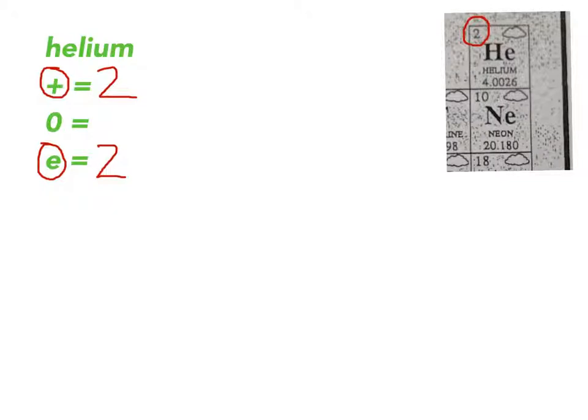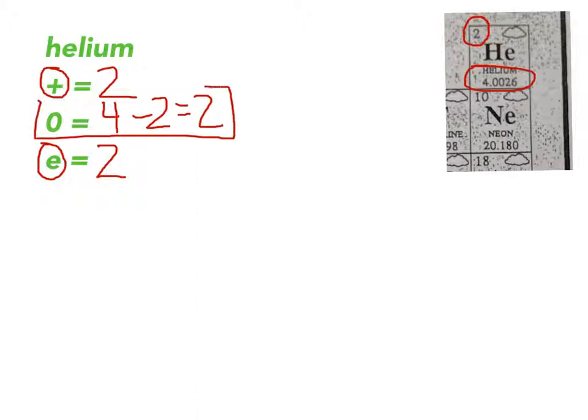In order to calculate the next number, which is neutrons, we take a look at the bottom number, which is the atomic weight. The first thing that we do is we round that number to the nearest whole number, so that would be 4. We then subtract the atomic number, which is 2, and that gives us 2. When we do the neutrons, we always have a math problem involved.